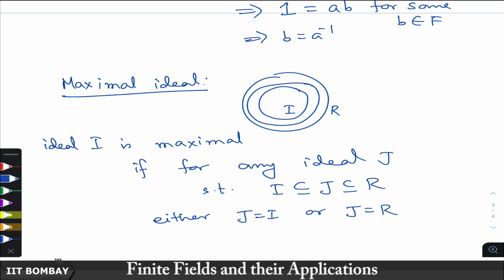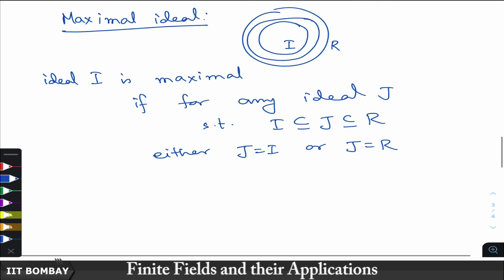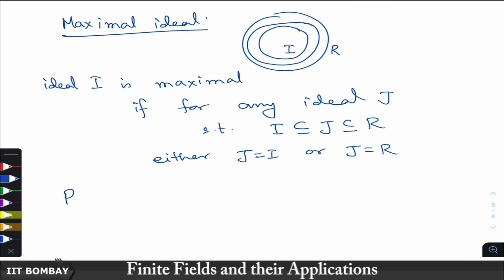Any ideal in between will be either I or R itself. Such an ideal is called a maximal ideal.